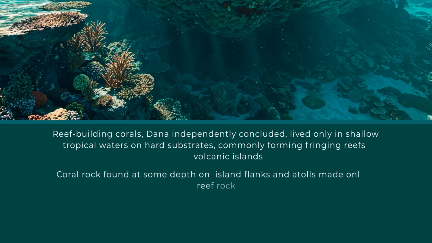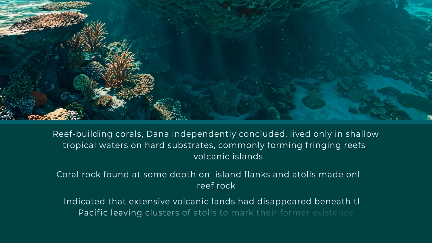Coral rock found at some depth on island flanks, and atolls made only of reef rock, indicated that extensive volcanic land had disappeared beneath the Pacific, leaving clusters of atolls to mark their former existence.